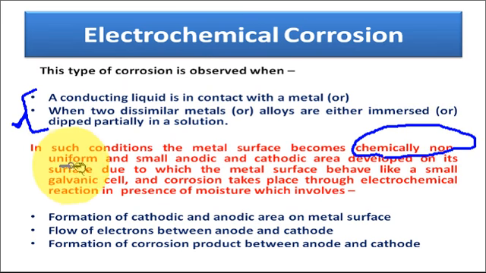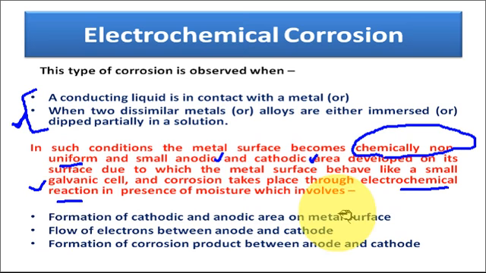When the metal surface becomes chemically non-uniform, there will be formation of anodic and cathodic areas on the metal surface, and due to the formation of these areas, the metal now behaves like a small galvanic cell, and the corrosion reaction takes place through the electrochemical phenomena.